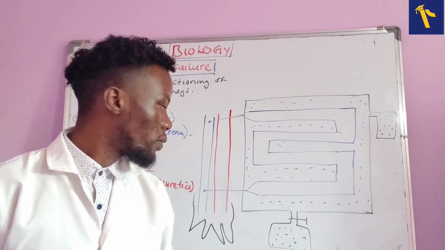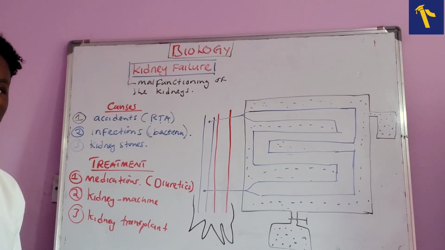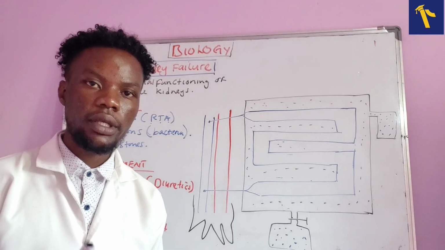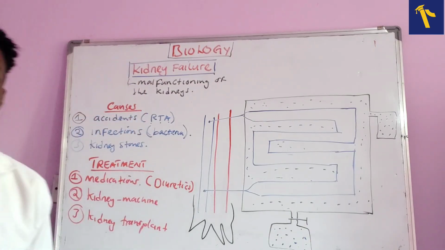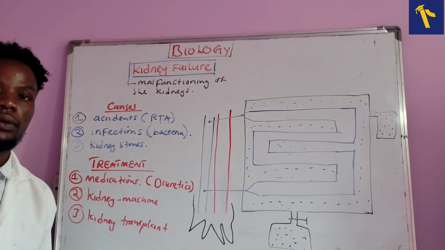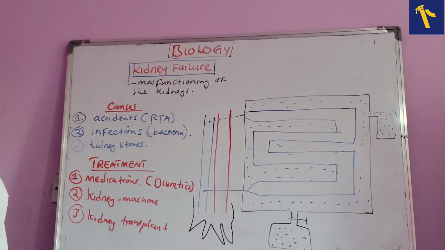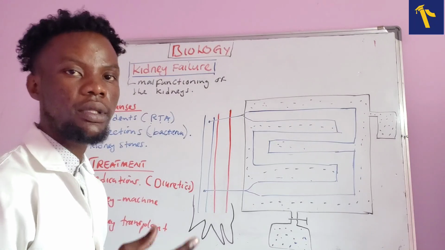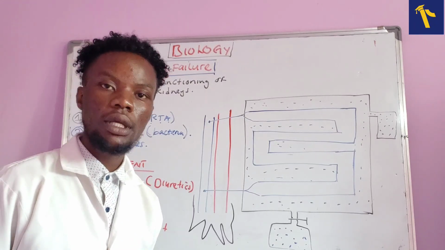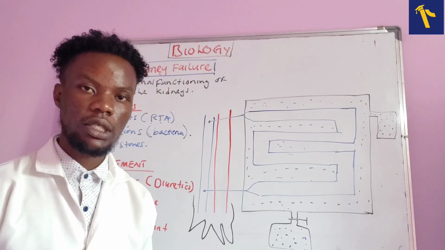So kidney transplant is just making sure that there is a donor of that healthy kidney to the receiver or recipient, someone who is having an unhealthy kidney. It means that someone is giving out a healthy kidney to someone who is having kidney failure. That is what we call kidney transplant.